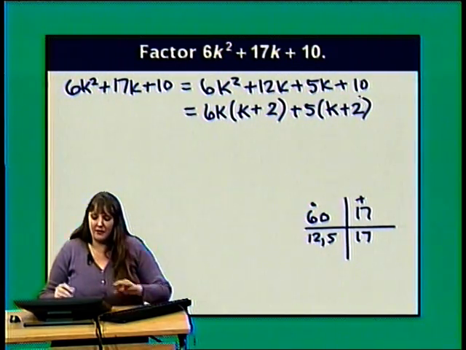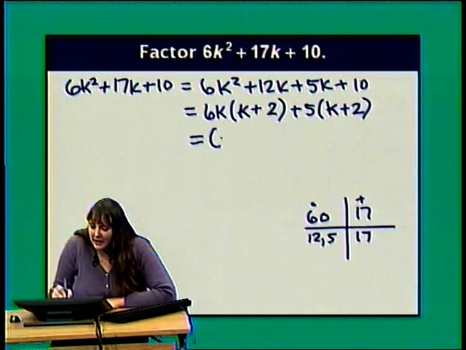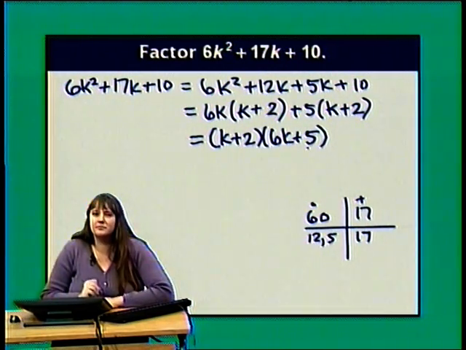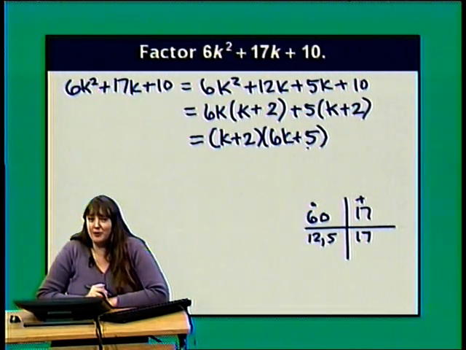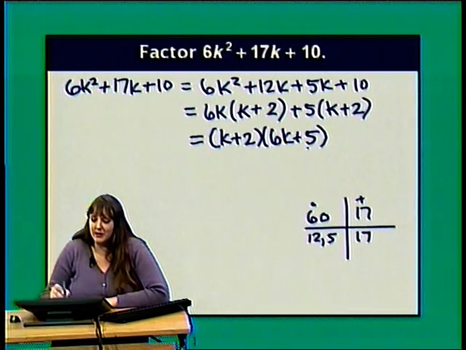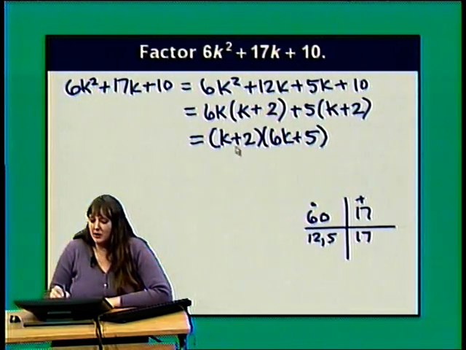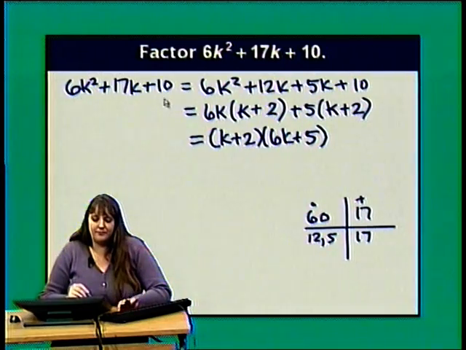So now pulling out that common binomial factor, k plus 2, I leave behind 6k plus 5. A quick check with FOIL in our head should confirm that this is correct. K times 6k is 6k squared. 5k plus 12k is the 17k, and 2 times 5 is 10.